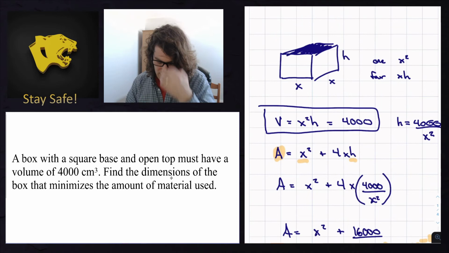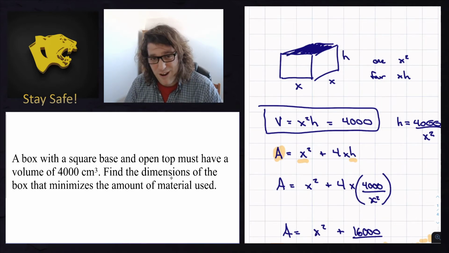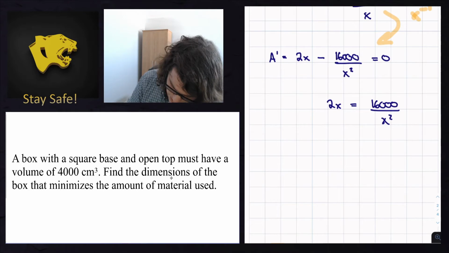Obviously x can't be 0, because if we were to find that x was 0, that's going to be really awkward, because we have to have a volume of 4,000, and you can't really do that with a square base that has no dimension to it. So that doesn't really matter there.